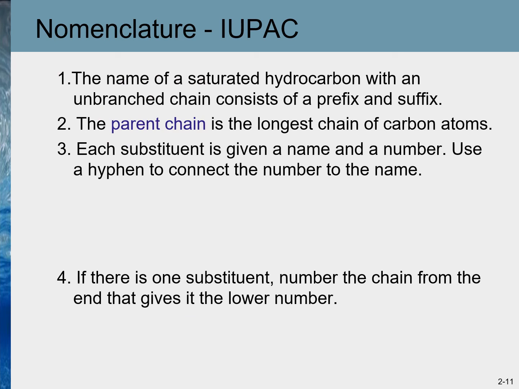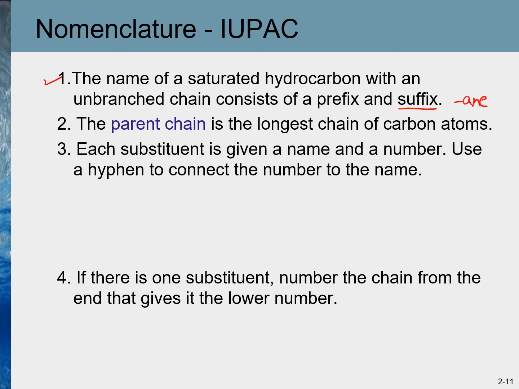Let's go over the rules established by IUPAC to name various alkanes. I will explain these rules with the help of various examples. The first rule is about the name of saturated hydrocarbons with unbranched chains. This was already explained in the beginning of nomenclature. If you have a linear alkane, just find the prefix, and the suffix in case of an alkane is always ane.